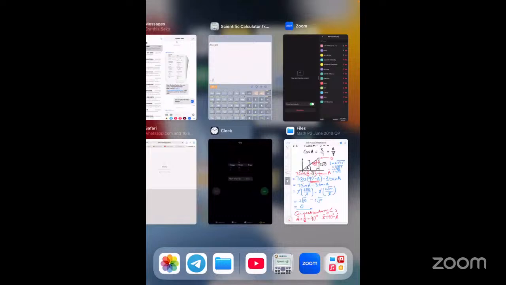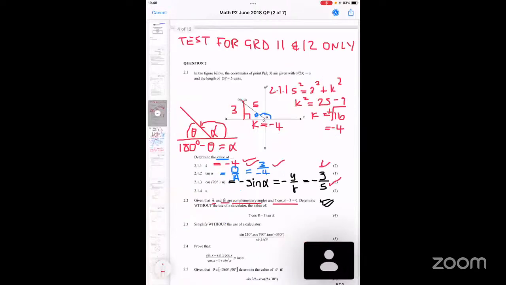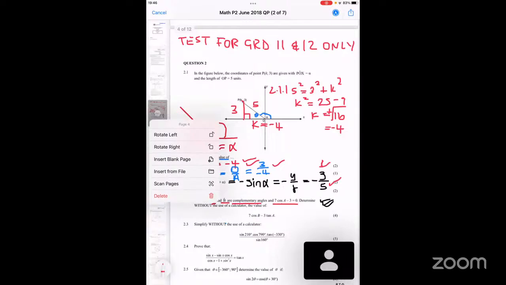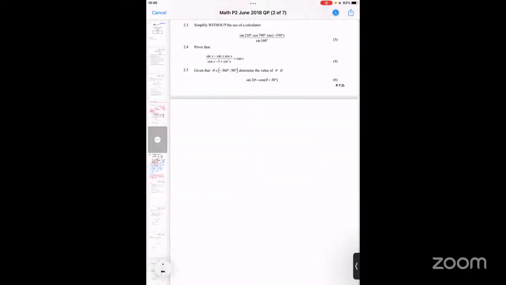We will therefore work towards moving on to the next question. I'm not sure if there's anyone who wants to give it a try. That is 2.3. Anyone who wants to give it a try? Yes, go for it, honorable member.